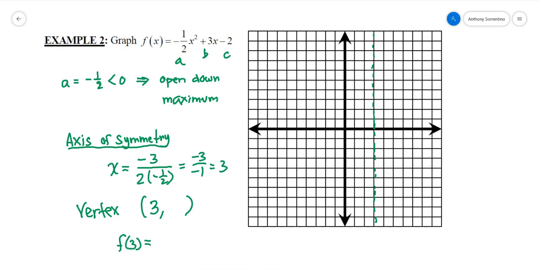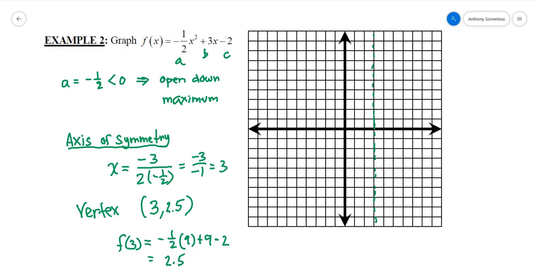So if I do f of 3 to figure out what the y value is, I'm going to have negative 1/2 times 3 squared, which is 9, plus 3 times 3, which is 9, minus 2. That's going to give me 4.5 minus 2, which is 2.5. I think I'd just say it's 5/2, but same thing.